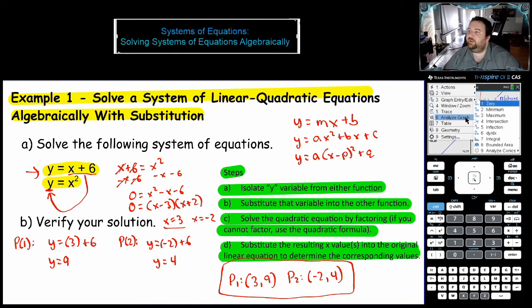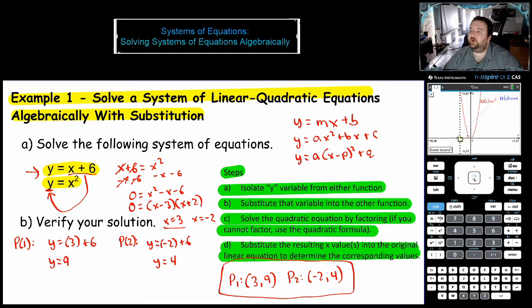Let's use our analyze graph feature to solve for our points of intersection. So I'm going to select before an intersection and after it. And I can see they've given me here negative 2 and 4, which is our P2, our second solution we found. I'm going to analyze the graph one more time, find another point of intersection. This one, I can visually see it, and it's 3 and 9, which was our first point.